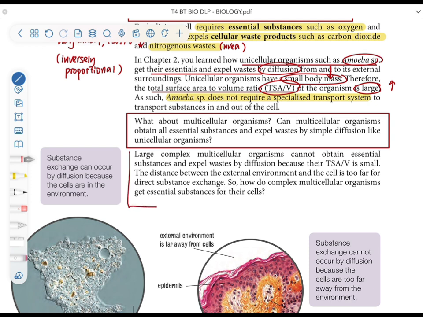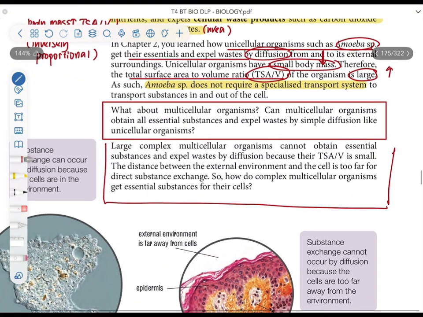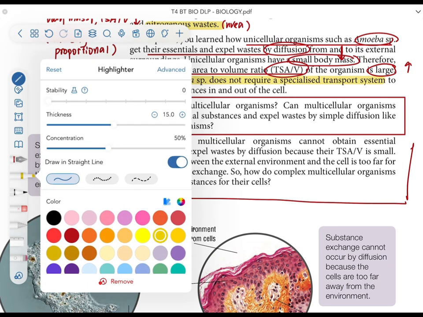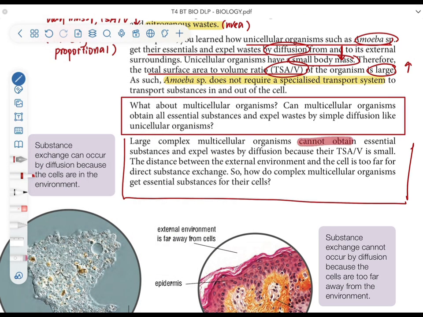The answer is over here. Large, complex, multicellular organisms cannot obtain the essential substances and expel the waste by diffusion because their TSA per V ratio is small. Imagine humans, tigers, plants, big trees, they are all very huge. That's why they have a very small TSA per V ratio.